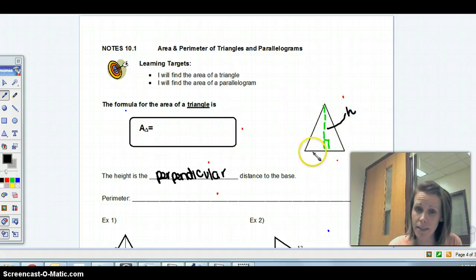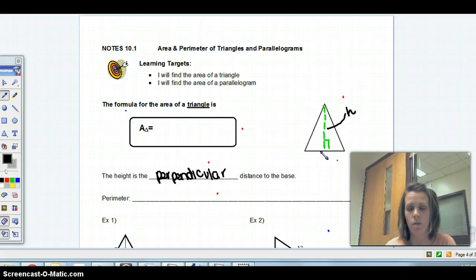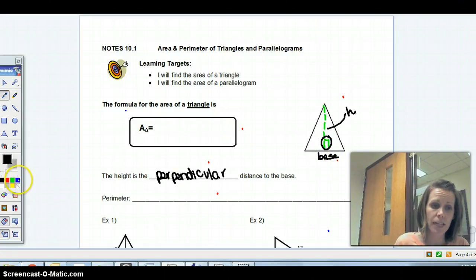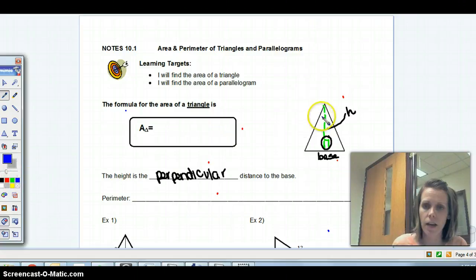And the base of your triangle doesn't necessarily have to be on the bottom, even though base you think of bottom, but the base is going to be right underneath that right angle. So this would be our base, which happens to be on the bottom, okay? All right, so the formula to find the area, so the surface of this 2D shape is going to be 1/2 base times height.